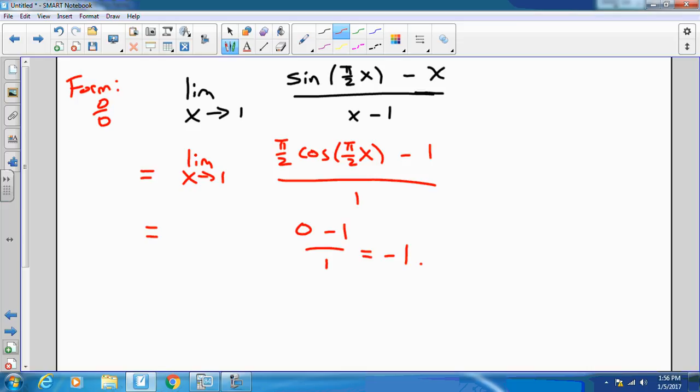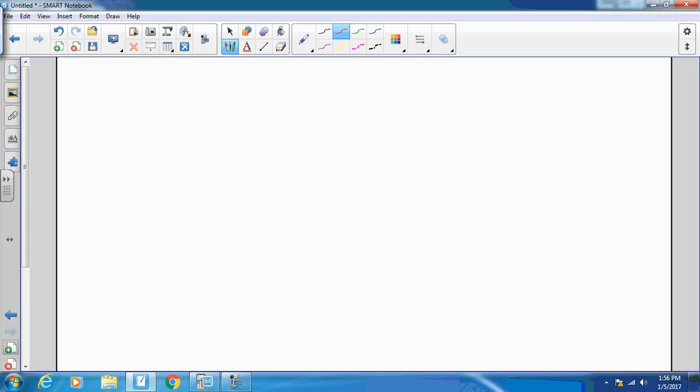Now, a couple of things about L'Hopital's rule that I need to warn you about. First thing is, don't be that guy. Let me show you what I mean. Every year, I get students that are so enthralled with L'Hopital's rule that they forget to check the form. And so they take perfectly good limits, like this one right here.